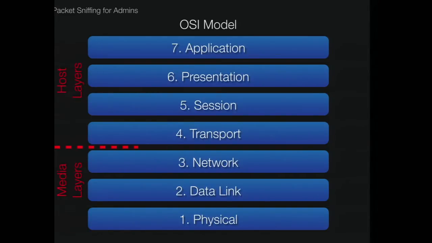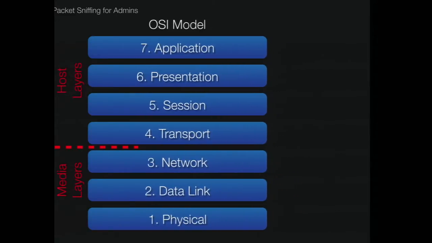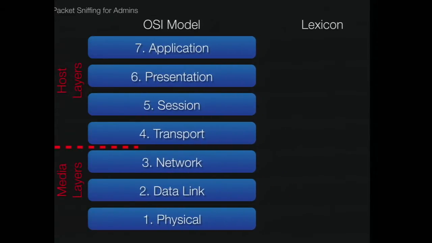For each layer, we can have a specific lexicon, specific word to describe information at this level. And this can be useful to use a good word to be sure about which level we are talking about. At the physical level, we have the smallest unit possible with the byte. It can be represented in multiple ways, but it's basically just a byte.